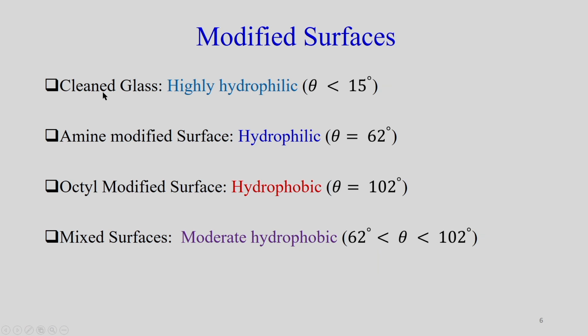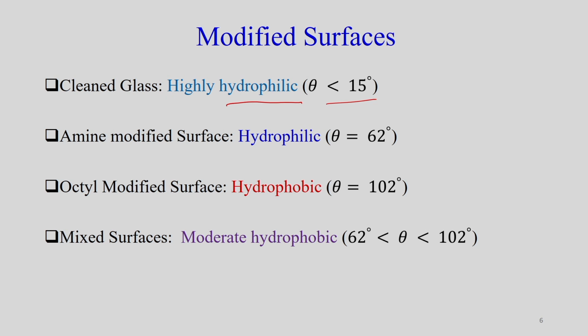Now, what are the different surfaces we have used in this study? First is the clean glass surface. It is highly hydrophilic, the contact angle is less than 15 degrees. The second one was the amine modified surface. The surface modification part we will be discussing in modules 7 and 8.